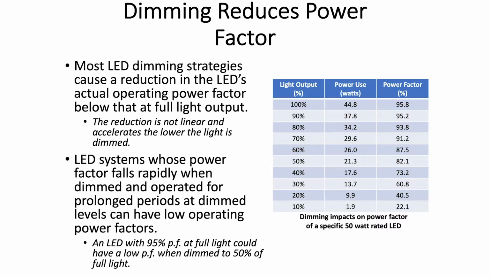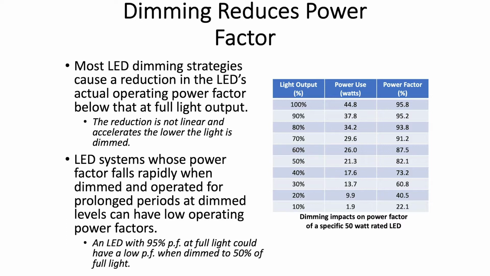You can see at 100% light output, power factor's pretty good. We get down to 50% light output, we're down to 21.3 watts input, the power factor's fallen to 82%. And when I go down to 20% dimming, or 20% of full light, I'm down to a 40% power factor, and at 10%, I'm down to 22.